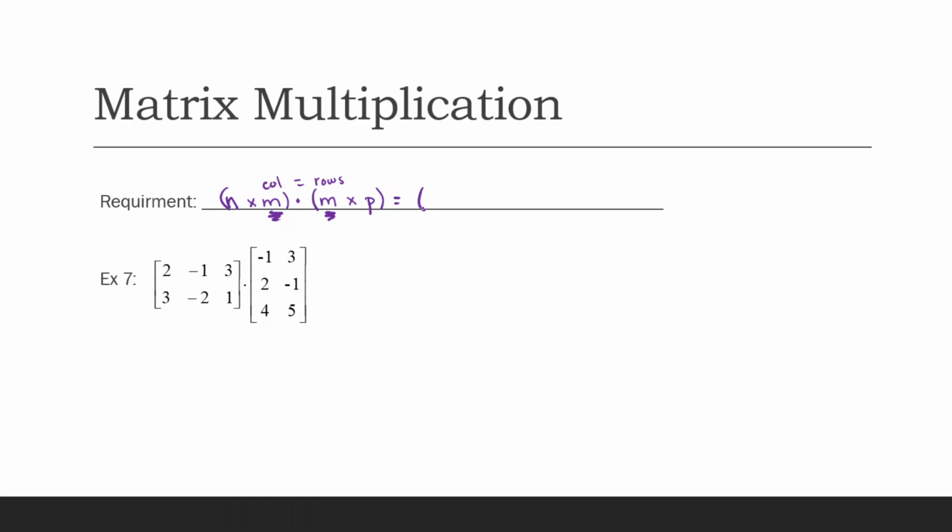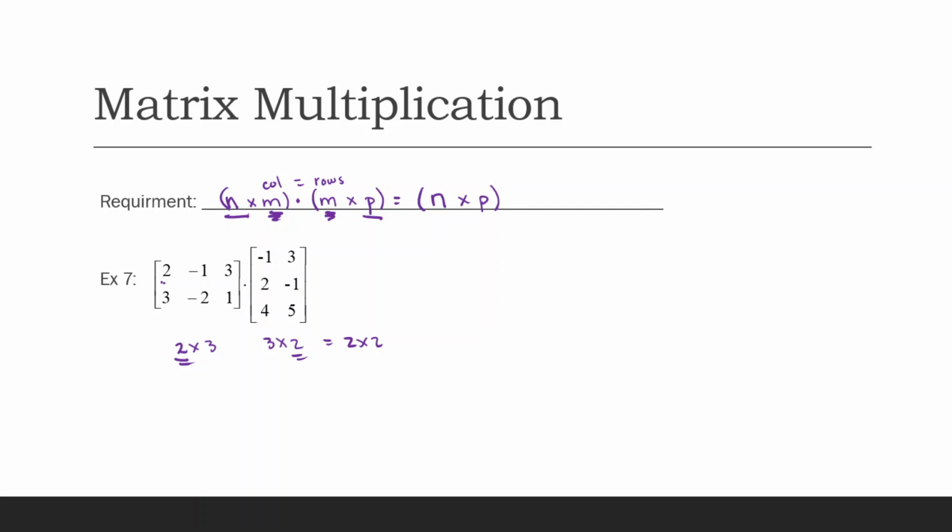And the end result would end up being n by p, so whatever the rows are of the first one and the columns are of the second. So in this example, we have 2 by 3 and we have 3 by 2, so my end result is going to be a 2 by 2.